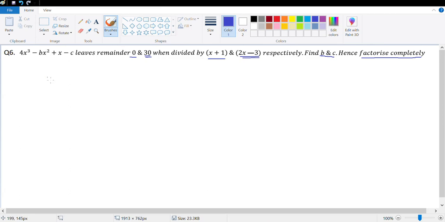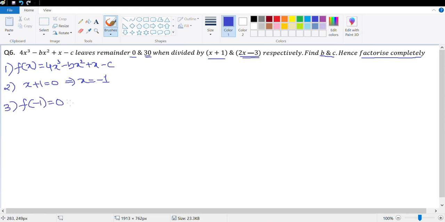Okay, so f of x is given equal to 4x cubed minus bx squared plus x minus c. Using factor theorem, since the remainder is 0, x plus 1 is equal to 0, which means x is equal to negative 1. So let's find the value of the expression when x is equal to negative 1, which is basically 0 because the remainder is 0.